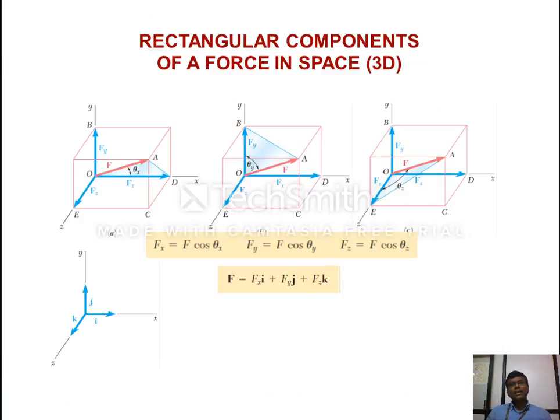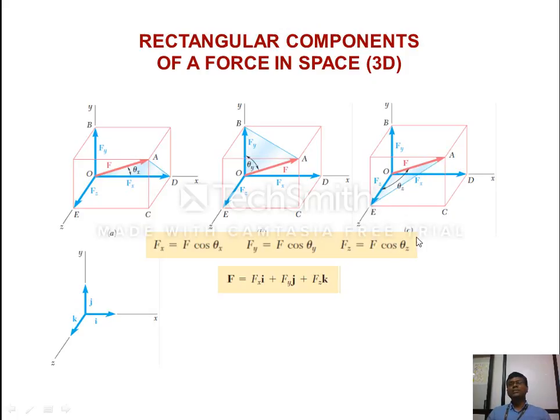So now look at another one in 3D space. If you project along the x-axis, theta x is the angle between F and the x-axis, theta y is the angle between F and the y-axis, and Fz is F cos theta z, that is between F and the z direction.